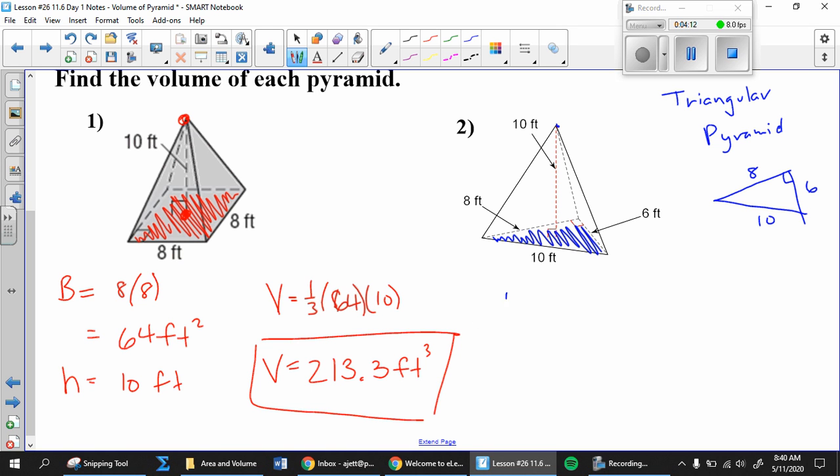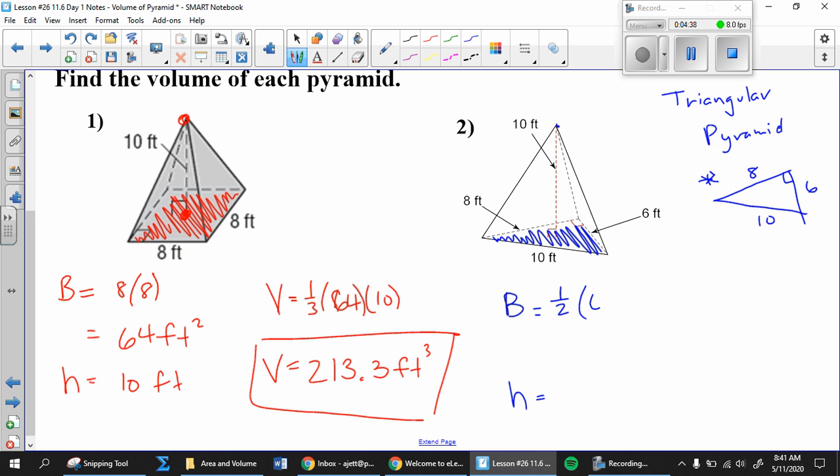This is where I talk about always write out your two variables that you're trying to find, area of the base and the height. Because now when I'm trying to find the area of the base, I'm not looking at the whole thing anymore. All I'm looking at now is just this triangle right here, which is my base. So I just have to find the area of this triangle. The area of a triangle is 1/2 base times height. Remember, our base and our height always form this right angle.